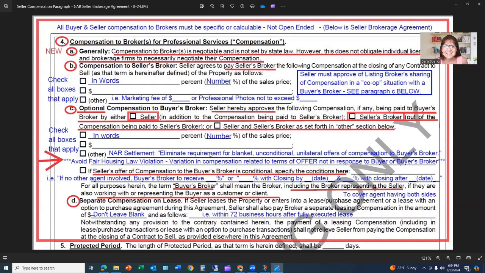Additionally, that needs to be spelled out in advance. That is going to protect our sellers and protect our listing agents and brokers as well, that any variation in compensation should be determined in advance and not specifically with any one offer or any different offers that the seller gets.